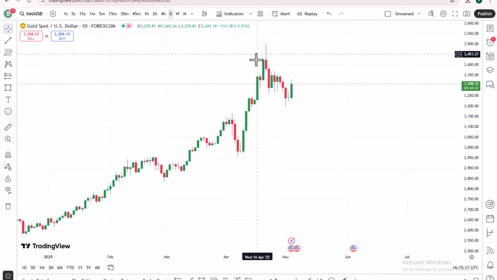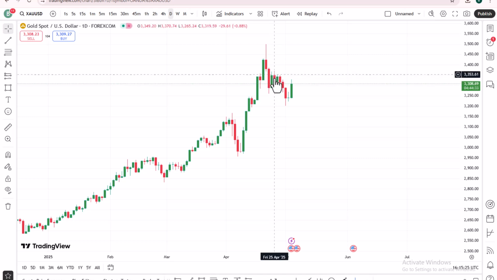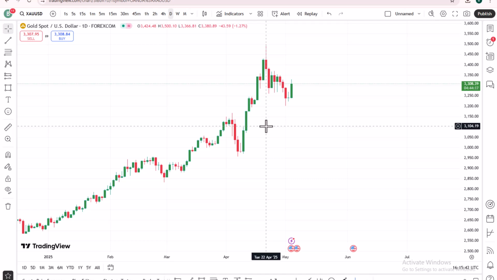What I realized was, when gold came down, it pulled back, came down here, it pulled back. So anytime it pulled back, it's going to go down again. That's basically what I look at to think about what I'm going to do in the trade.